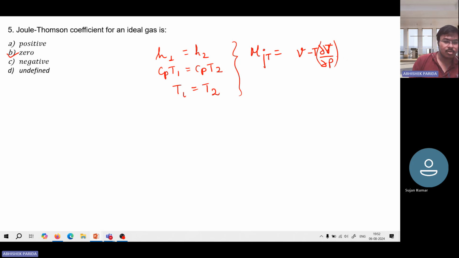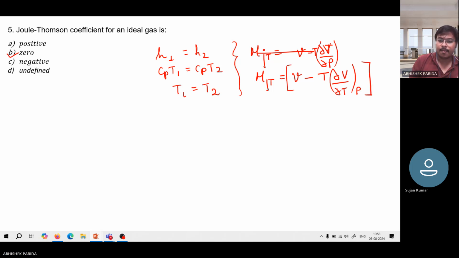So mu JT is equal to 1 by Cp into (T times dou V by dou T at constant pressure minus specific volume).